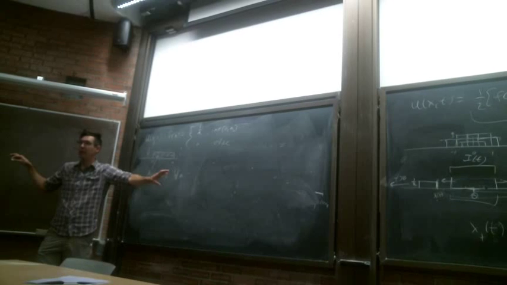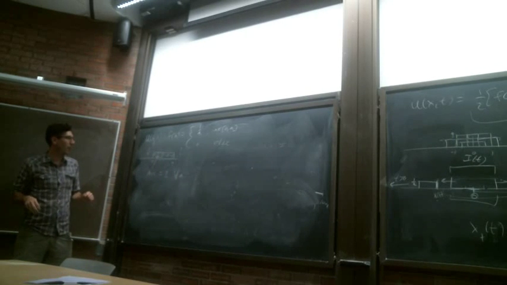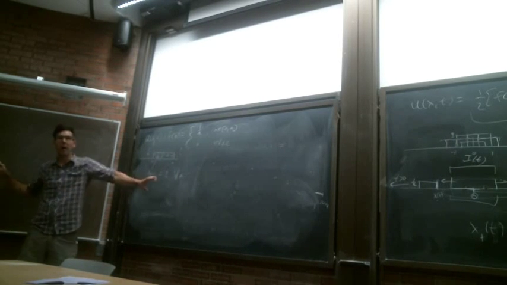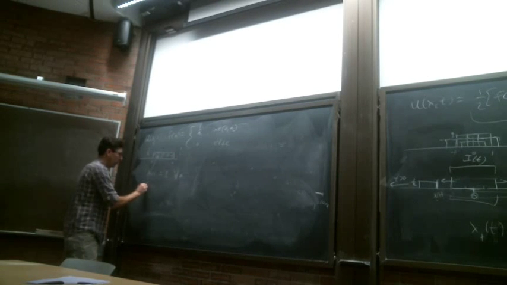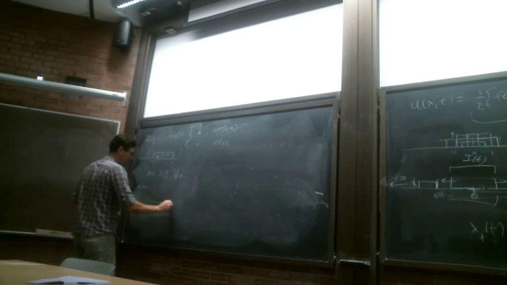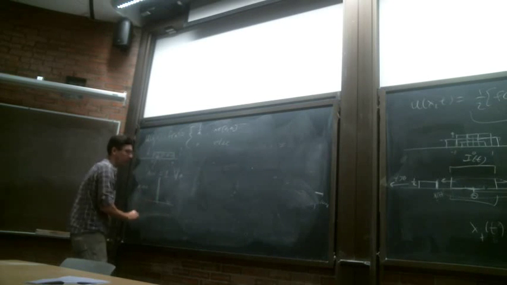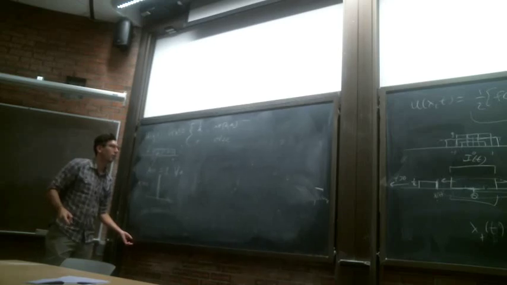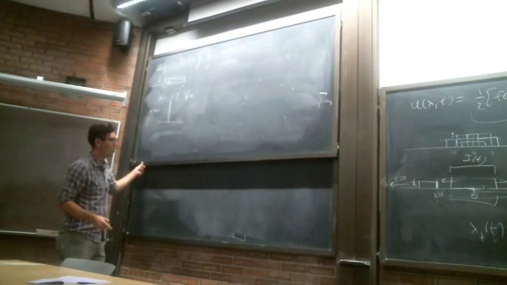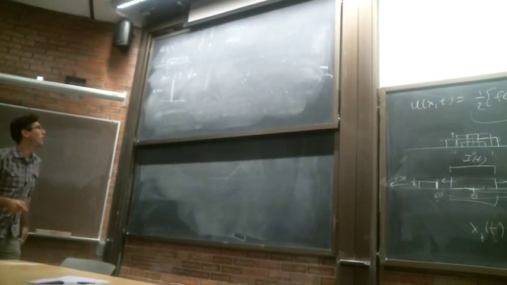It's a unit amount of stuff, but I spread it either wide or really skinny. So of course, if I take A to 0, we're going to approach the delta function, a really brief pulse of stuff, a brief spatial extent of stuff.